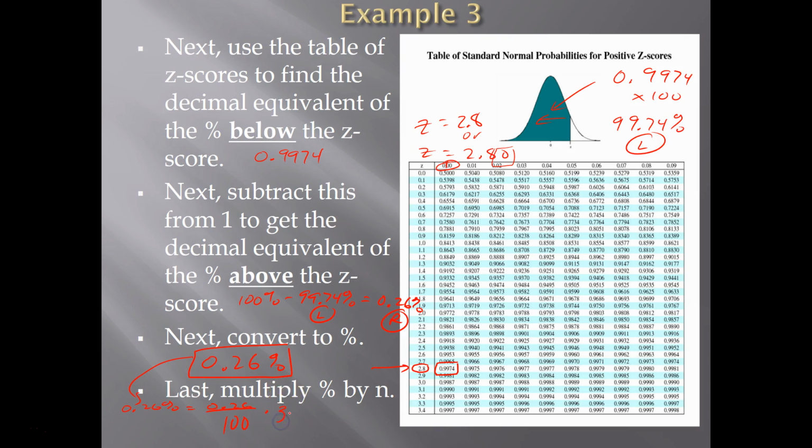So that's how I get 0.26% of it. I take that 0.26 out of 100 and I multiply by 3,300. Okay, and if I do that, I get 0.26 divided by 100 and then multiplied by 3,300. And what I get is 8.58.